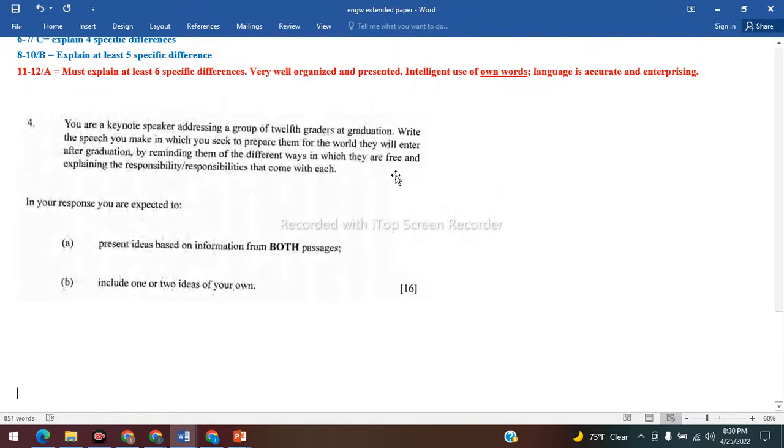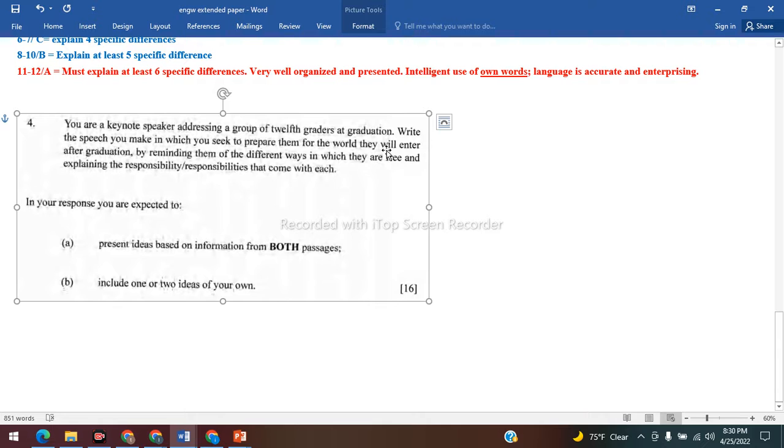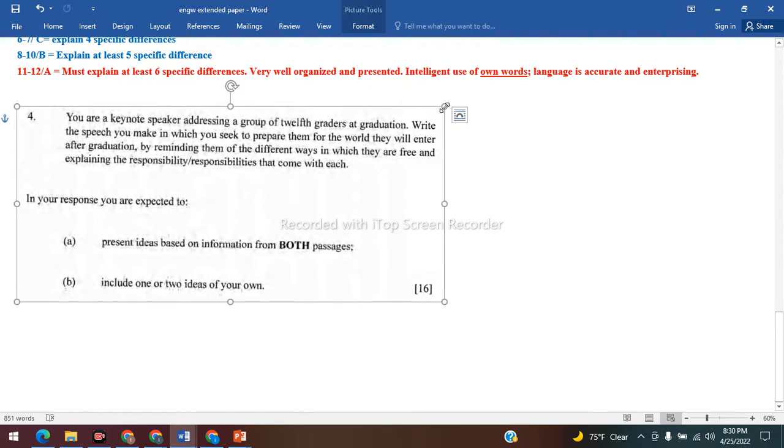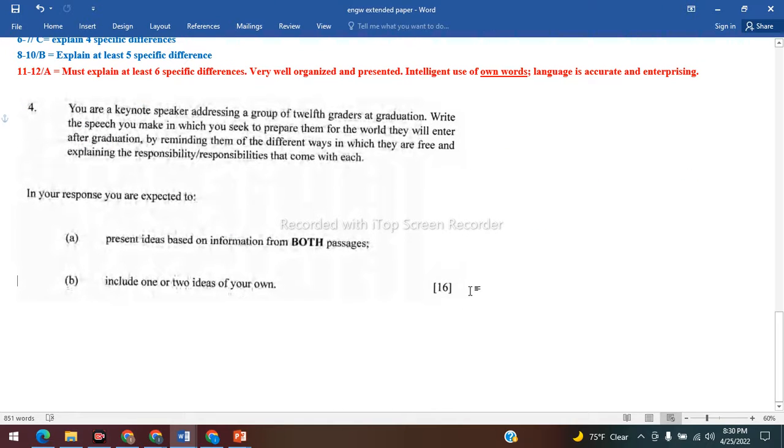So you might be one of them called to do a speech at a grade 12 graduation, and you could use the same ideas from this. I didn't even remember this, so I wrote another speech of my own. But if I remembered this, I probably would have used the same ideas. Okay, so in this, we have to use the ideas from each passage, and I want you to work with me, right?